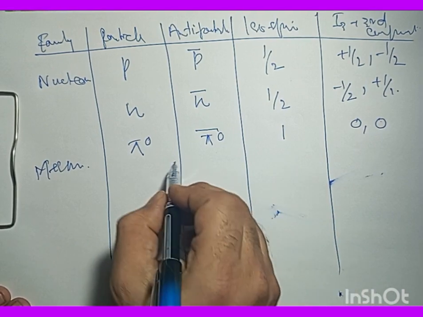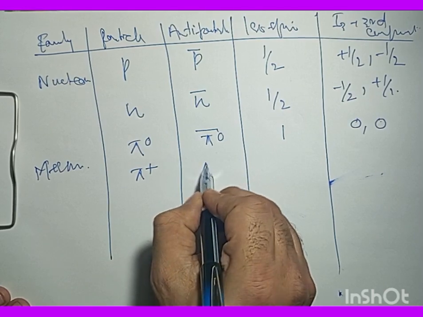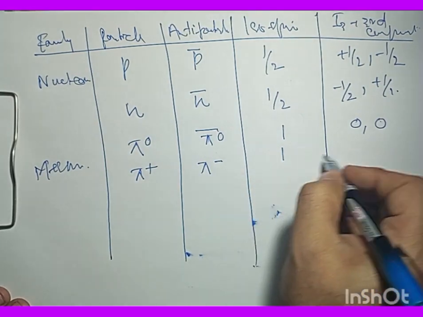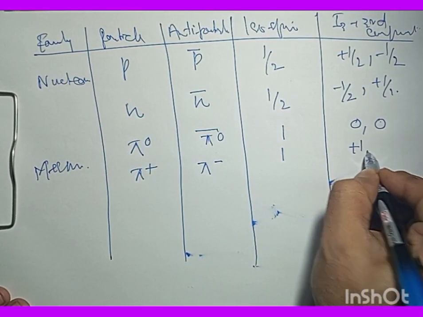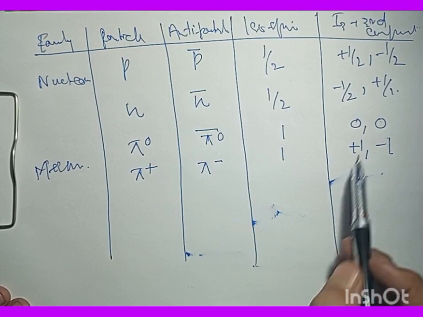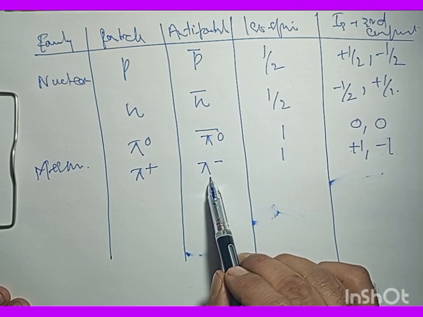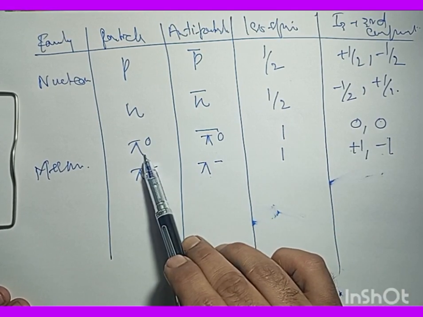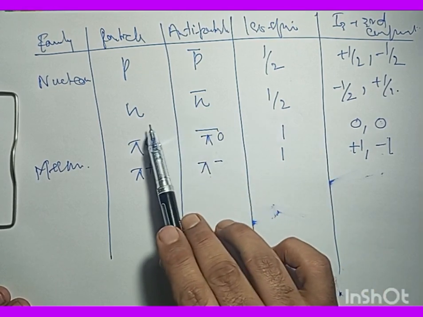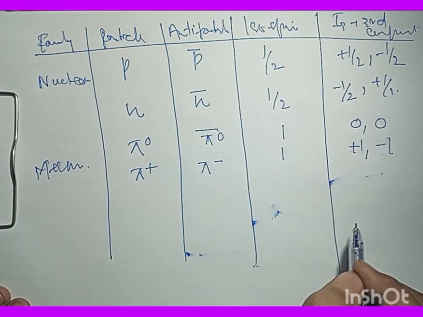And pi positive, its antiparticle is pi negative, and its isospin is 1, and it has plus 1 and minus 1 as the I3 states. So plus 1 is for the pi plus, and minus 1 is for its antiparticle. And 0 is for pi 0, and 0 is for its antiparticle. Minus 1 by 2 is for neutron, I3 component, and plus 1 by 2 is for the antineutron.